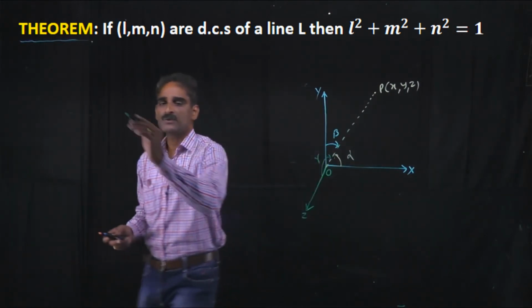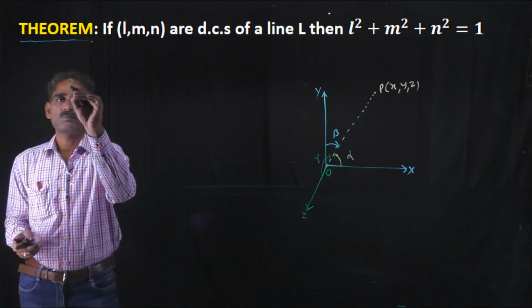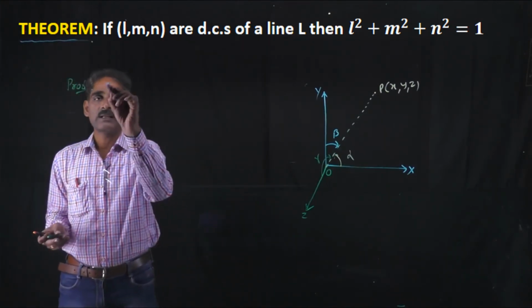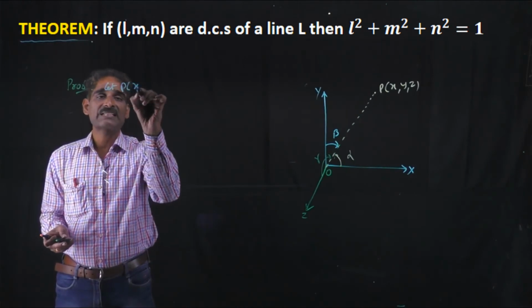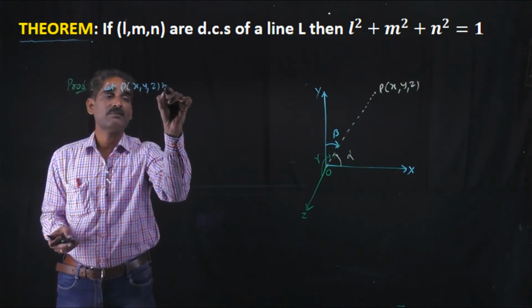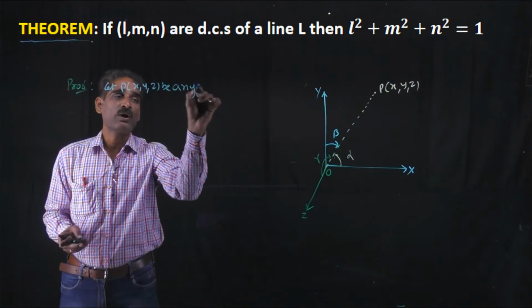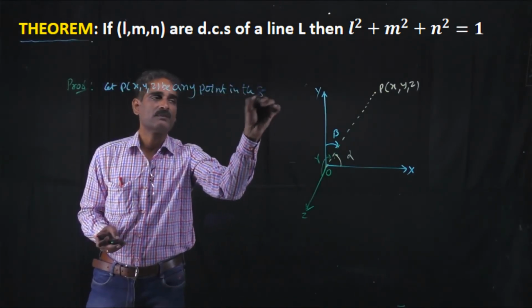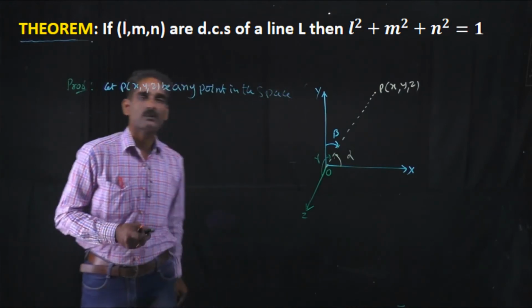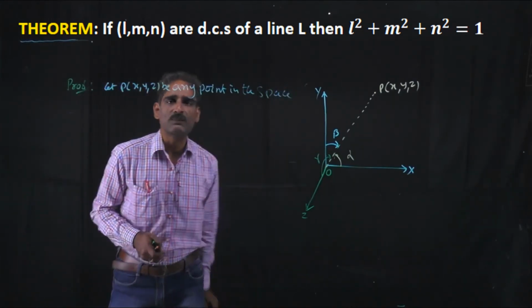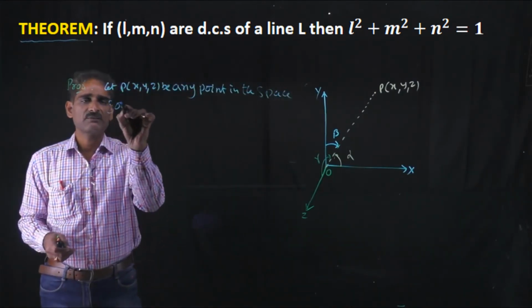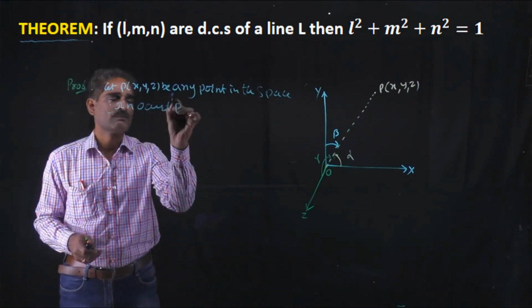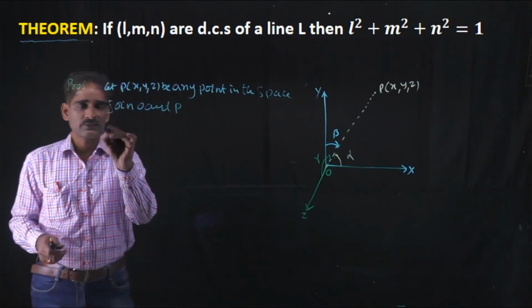Okay, so from the proof point of view, let P(x, y, z) be any point in space. Just join O and P. Now take the angles.